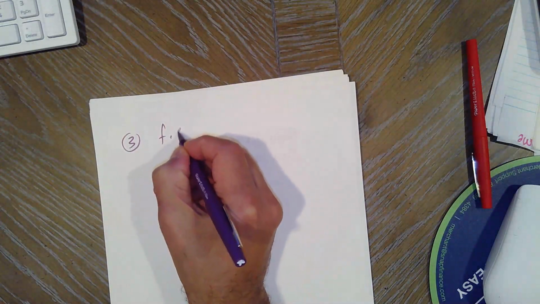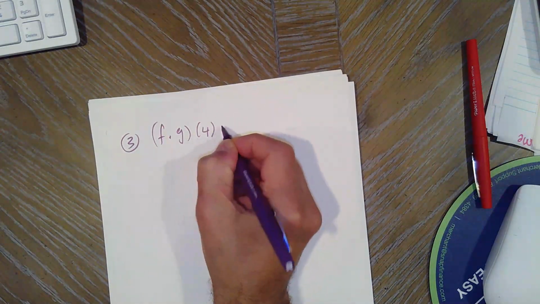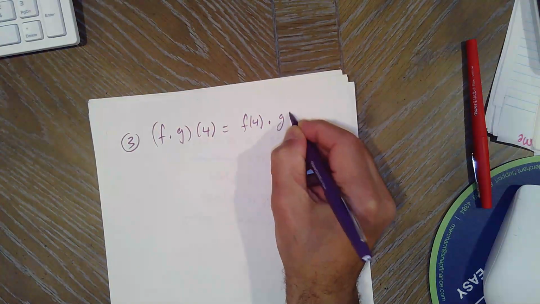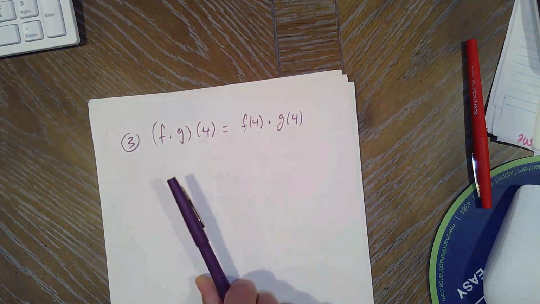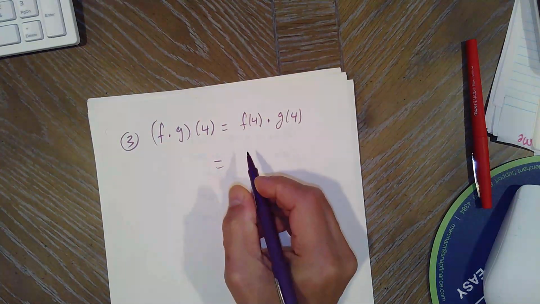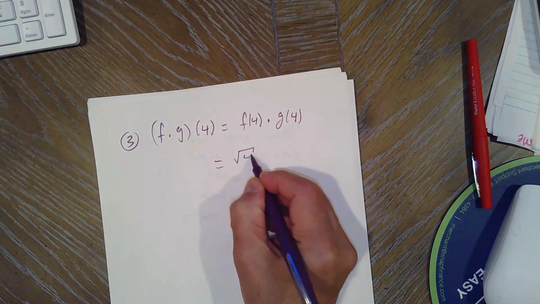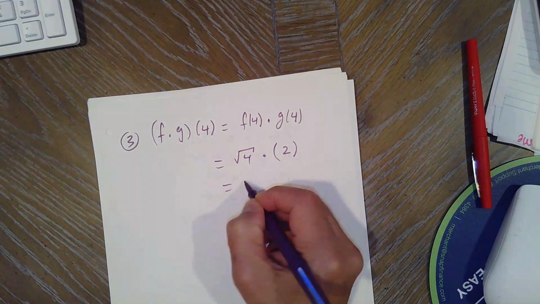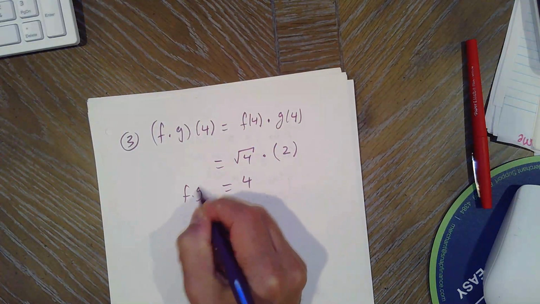Okay, part C, number 3, f times g of 4. Again, it's f of 4 times g of 4. We just said f of 4 is root 4, which is 2, and g of 4 is 4 minus 2, which is 2. 2 times 2 is 4, so f times g of 4 is 4.